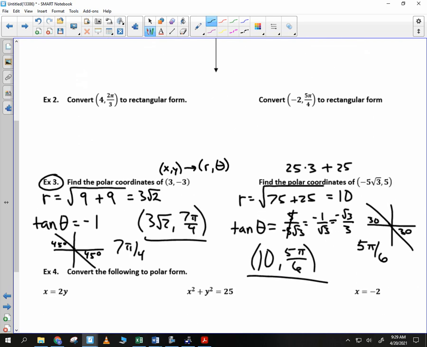Convert 4, 2 pi over 3 to rectangular form. Or in other words, we have r and theta, and we are going to come up with x and y. So x is equal to 4 times what?